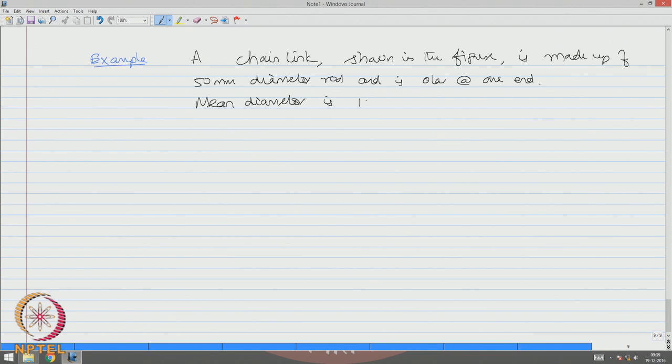Mean diameter is 100 mm. Straight sides of the link are 80 mm. The link is loaded by 100 kilonewton axial pull. Let us see the figure.